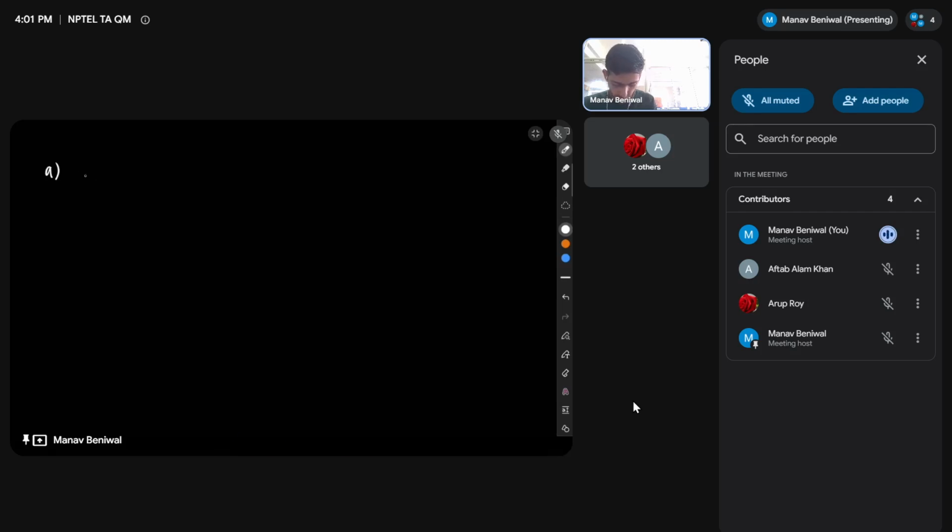Option B: the particle has force acting only in x direction.